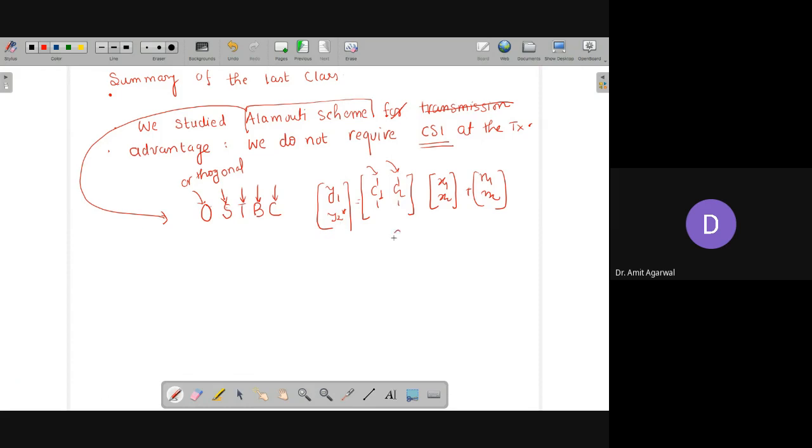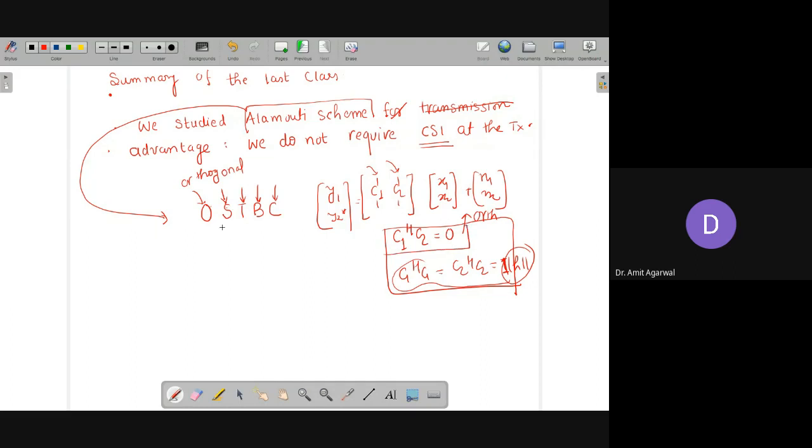What is the definition of orthogonality? Correct? And this is the condition for orthogonality, and if this is also satisfied, this is called orthonormality. But I don't think it is satisfied here because it was norm of H. So it is orthogonal only.